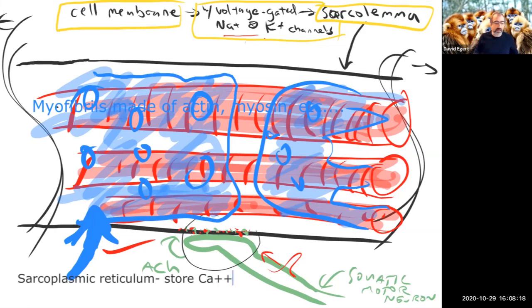So when the muscle is just at rest, we basically have little ATP powered pumps that are constantly pumping calcium out of the cytoplasm into the sarcoplasmic reticulum.